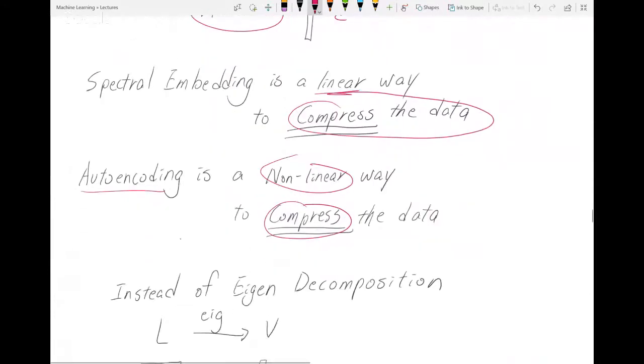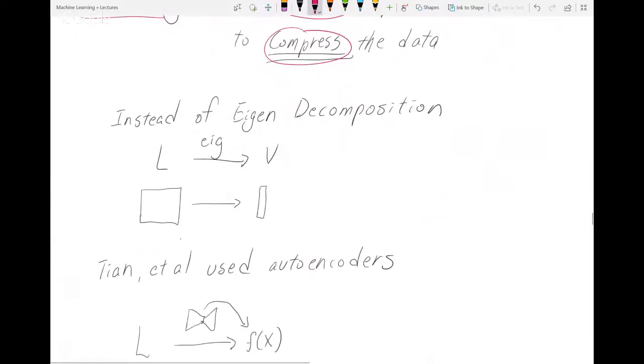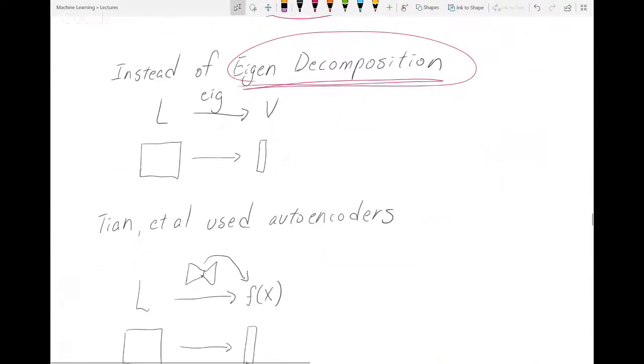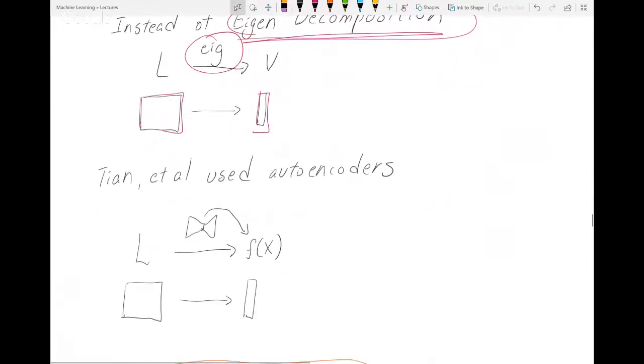So instead of using the eigendecomposition, which is what spectral clustering did, to go from the big matrix to a small one, this paper used, well, RBMs, but for our case, they used autoencoders.